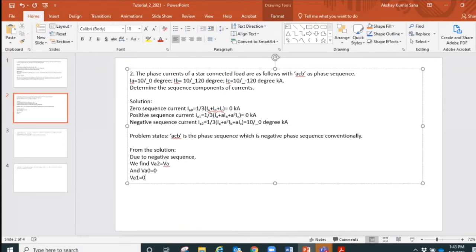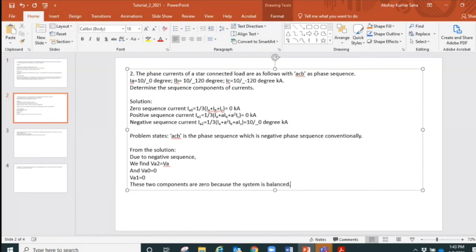That's why we're getting the negative sequence component equal to the magnitude and angle of phase A, and the other two are 0 because it's a balanced system.